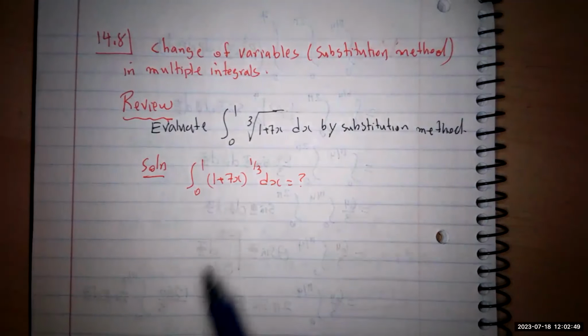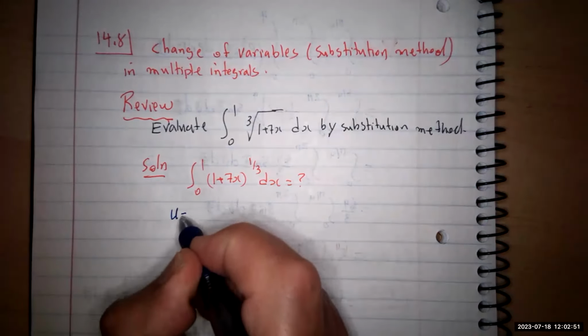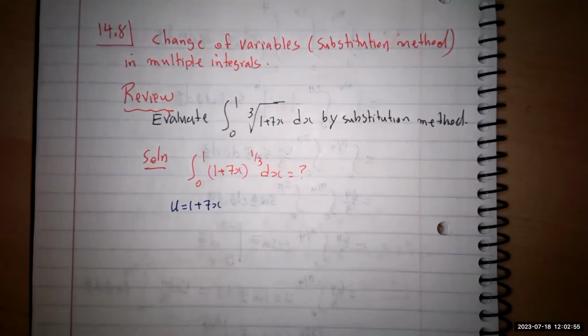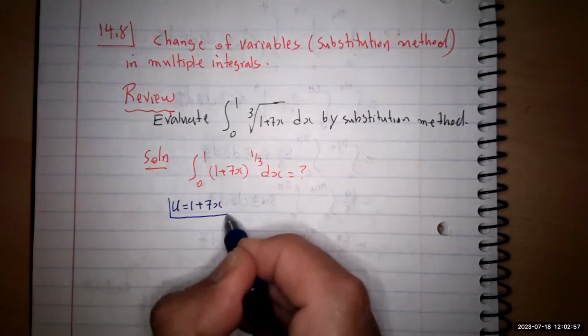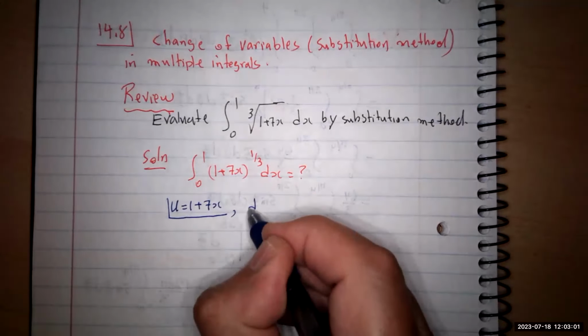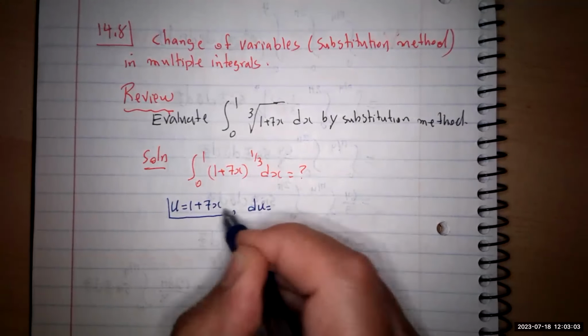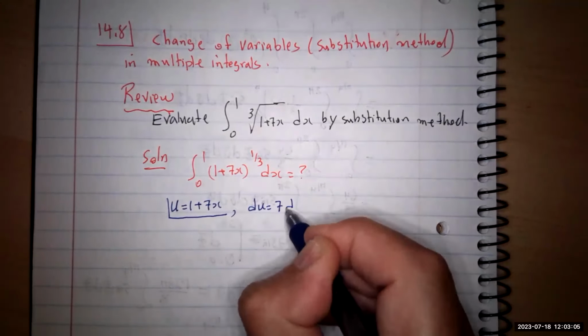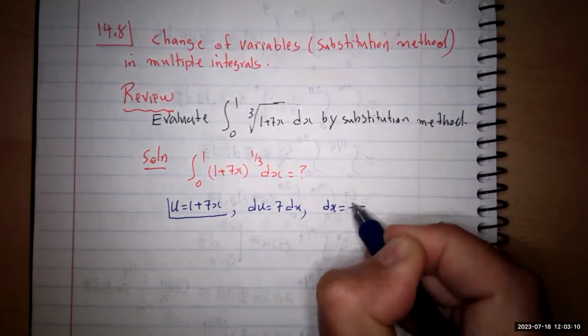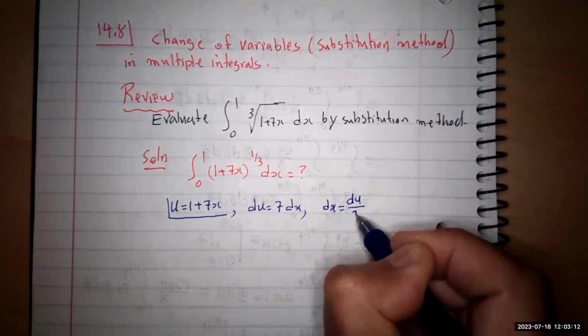We take the inside to be u, so u equals 1 plus 7x. Then we find the differential of u, because we have to find dx. So du is, the derivative is 7 dx, and we solve for dx, which is du over 7.